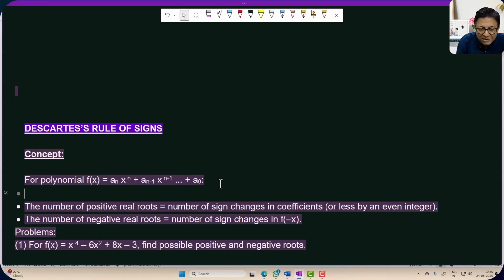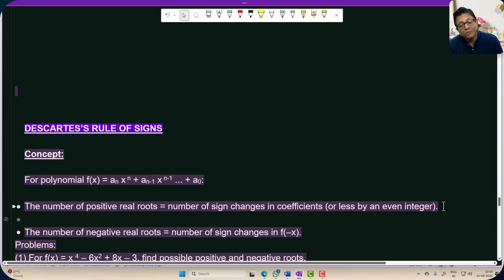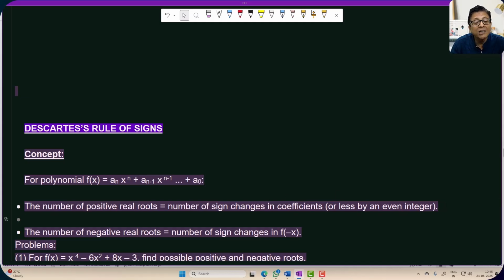Not exactly; sometimes you have to predict. Okay? It's very interesting. Descartes' rule of signs states that if we consider sign changes of f(x) and sign changes of f(-x), this will give us the number of real roots or an even number less than that.